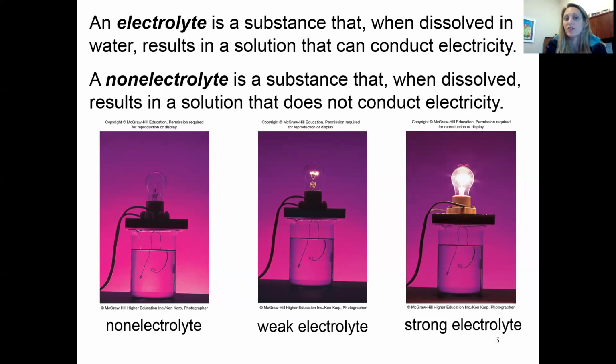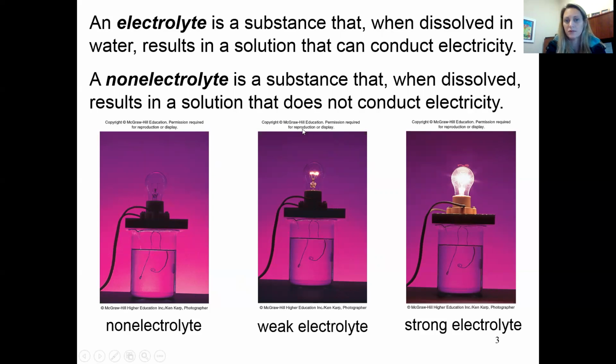So then when we talk about a non-electrolyte, obviously this is a substance that doesn't conduct any electricity. So in this first one, here we probably have a non-electrolyte of maybe water. And we know water on its own doesn't normally conduct a current.